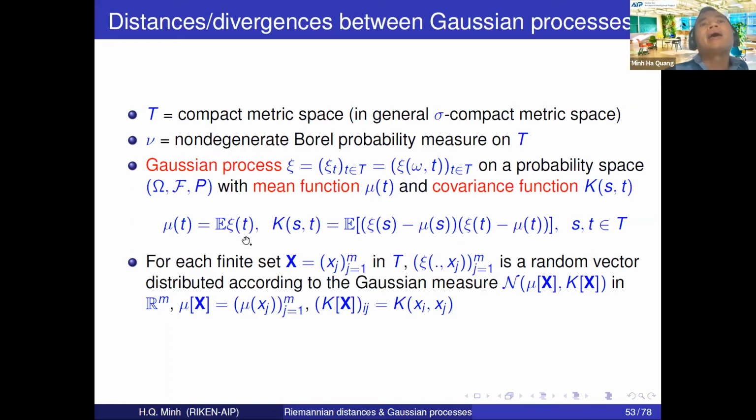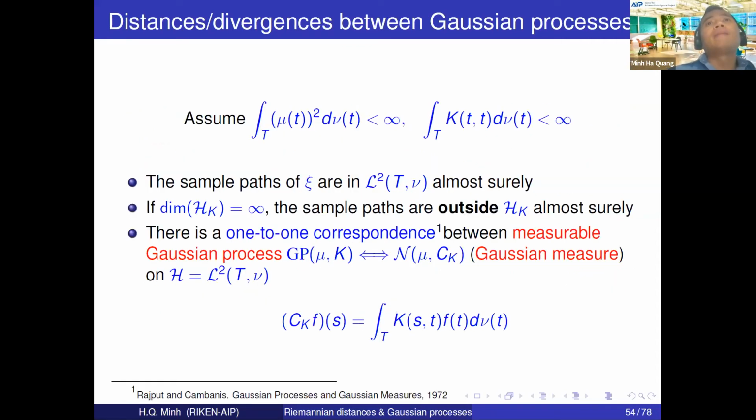For each finite set X in T, we have a random vector indexed by x_j. This is a random vector in R^n, and it is distributed according to a Gaussian measure, with the mean here and the covariance matrix K_X, which is just the Gram matrix defined on the set X. Now let's assume that this function mu t is square integrable, with the integral of mu t squared d mu less than infinity, similar to before.